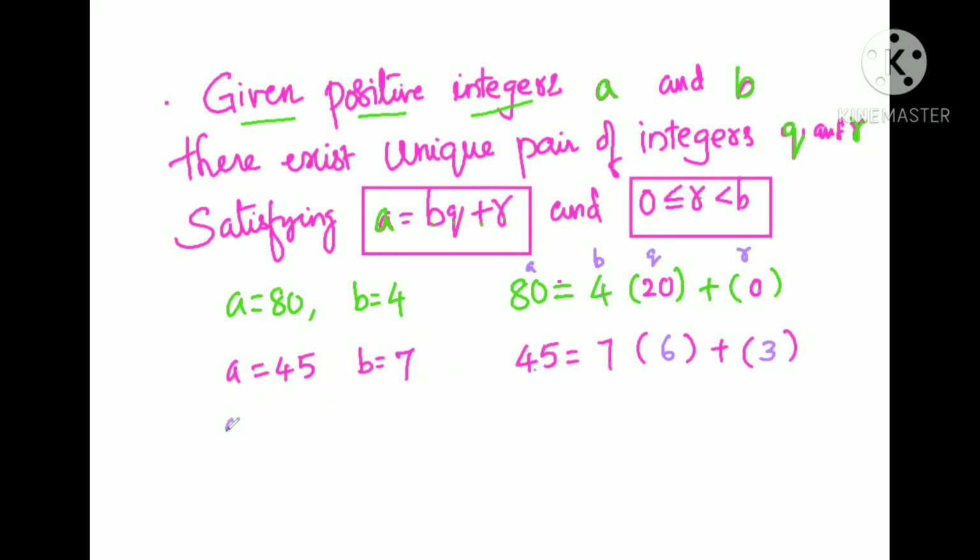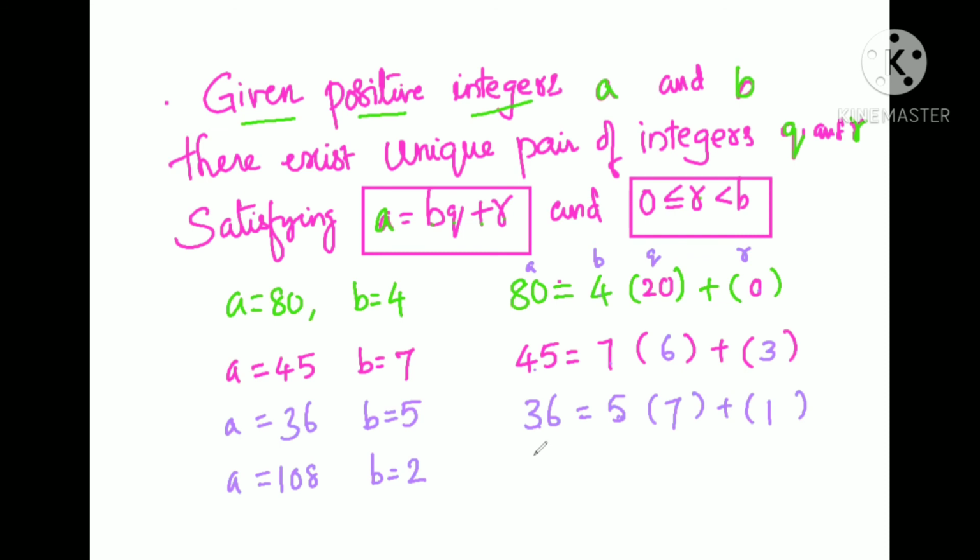If we take one more number, if A is equal to 36, B is equal to 5, then 36 can be written as 5 into something plus something. Here you divide 36 by 5. 5 7s are 35 and remainder is 1. If we take some more numbers, if A is equal to 108 and B is equal to 2, here 108 divided by 2.